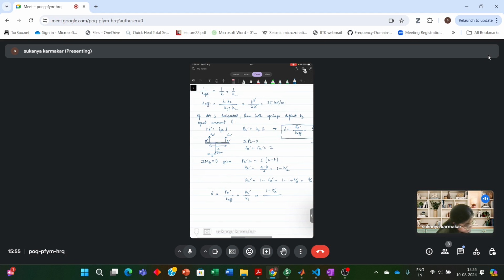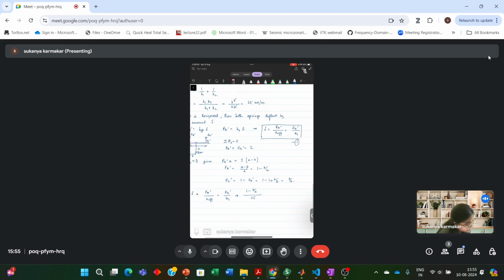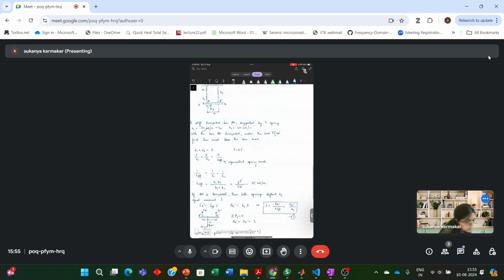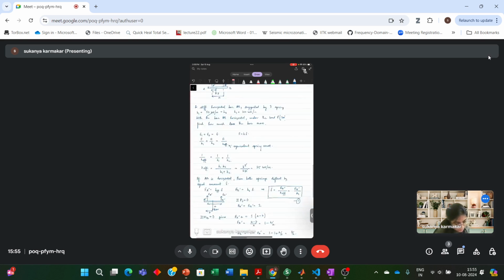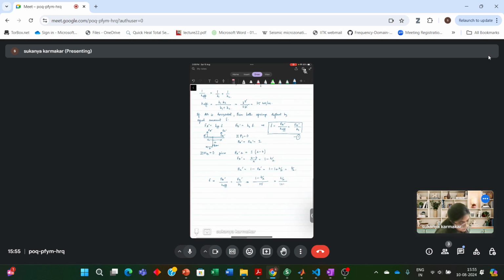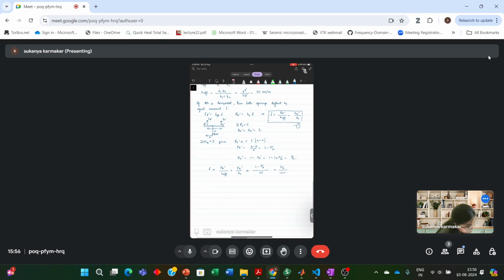Yes. K effective is 25 kilonewton per meter. Fb dash is B by A, and how much is K3? K3 is 100. Now if I solve this, I will get B by A is equal to 100 divided by 100 plus 25.